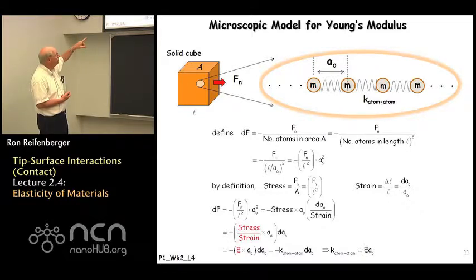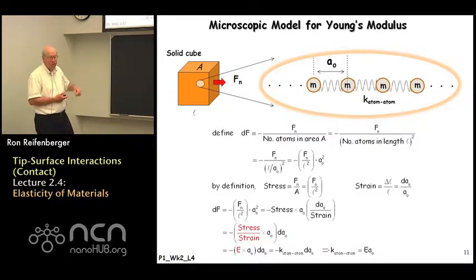What you can then do is set up a relationship that defines the force per atom in terms of the change in the spacing A0 between the atoms. And that change in the spacing between the atoms is designated by the parameter dA0 in this set of equations.